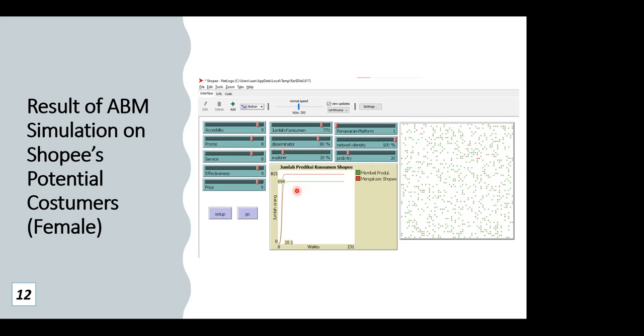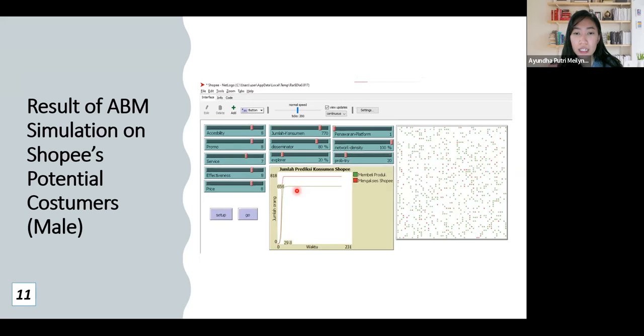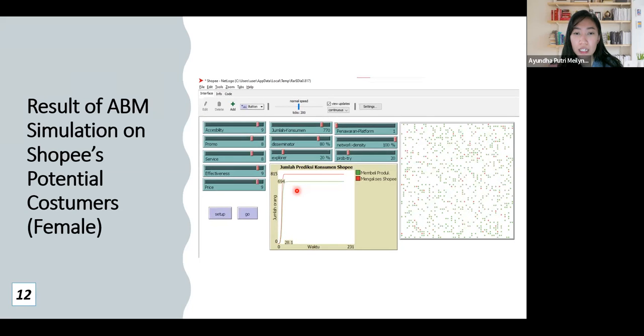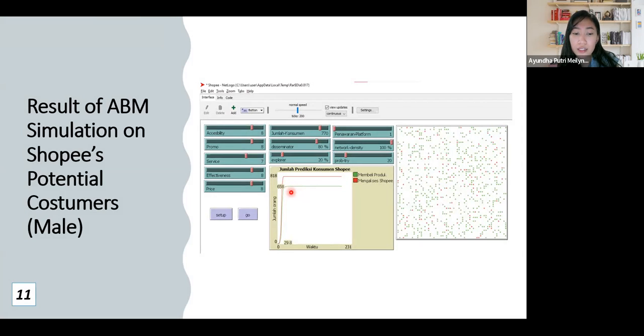Okay. So there is no significant difference between the result of male and female agent, but from this data, we can know that the number of female agents who decide to buy a product at Shopee is higher, which is 694, and for male is 658.